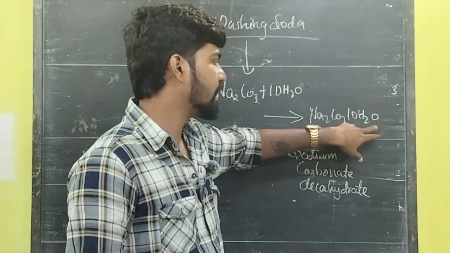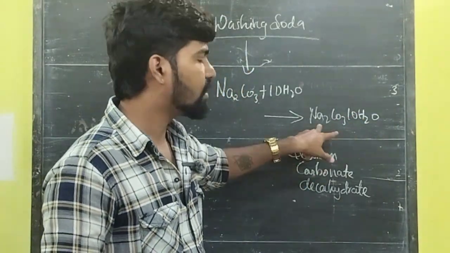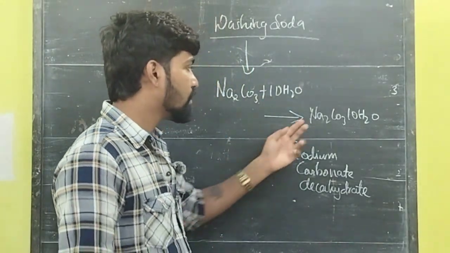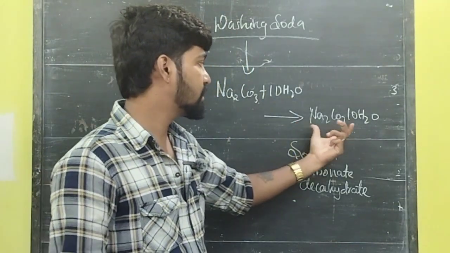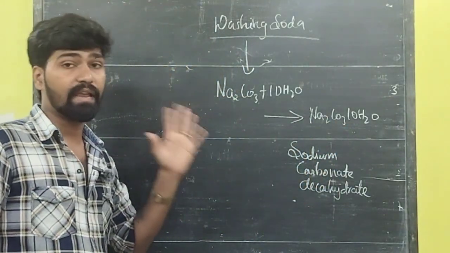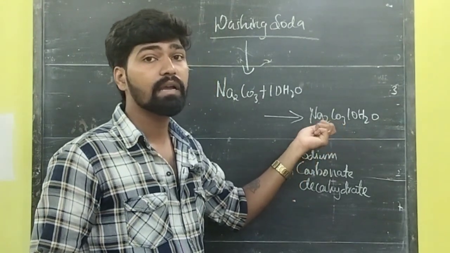Now the question arises: this is given as 10H2O, sodium carbonate decahydrate. Is this salt wet or dry? This question might be asked. I call it dry. Why?